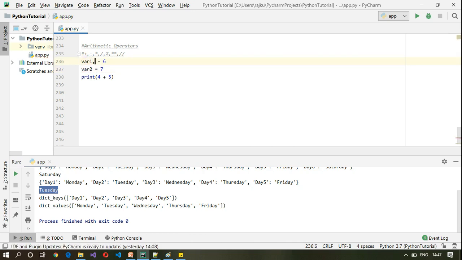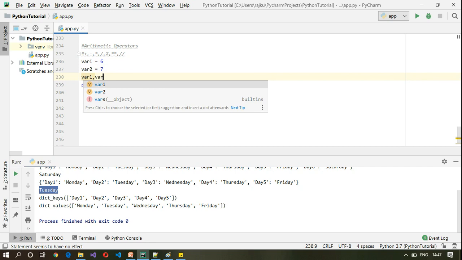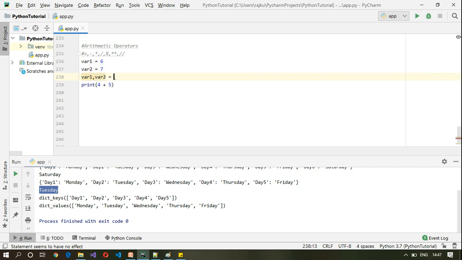However, we can also define it this way. As I said earlier, var1, var2 is equal to 6, 7. Okay, so let us keep this way.